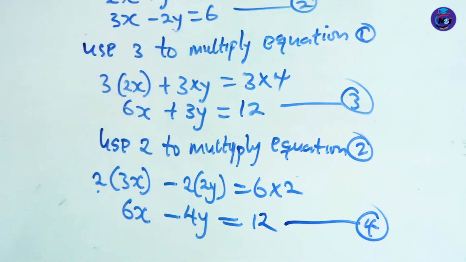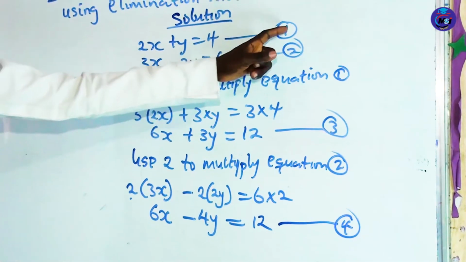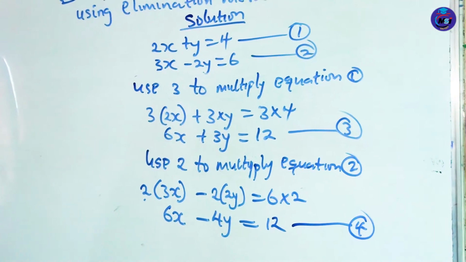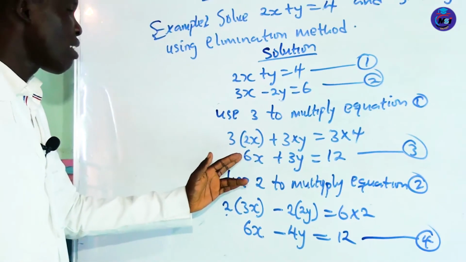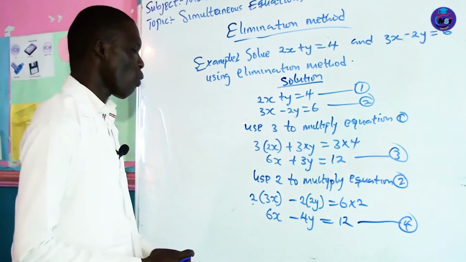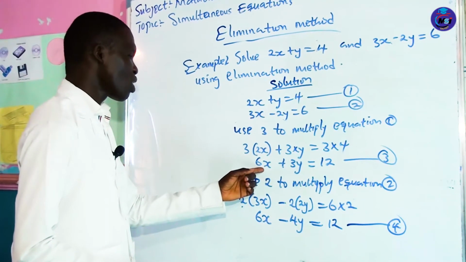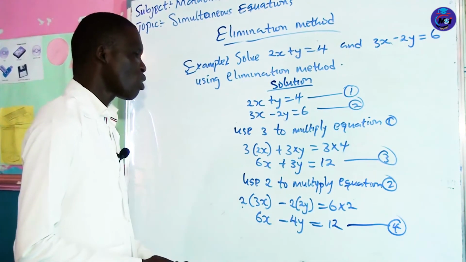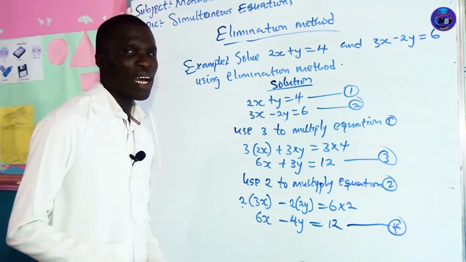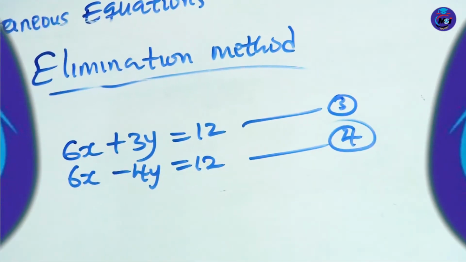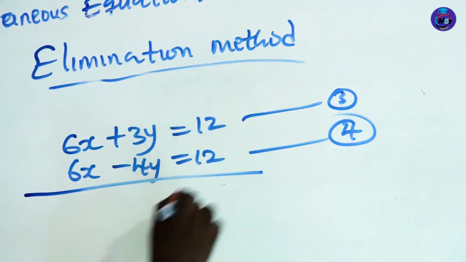Now, you call this equation 4. Now, we have nothing to do with equation 1 and equation 2 again. What we are dealing with now is equation 3 and equation 4. So what are we going to do? We are going to bring equation 3 and equation 4 together. Then we apply our elimination method. Let's do this together. Draw a line.